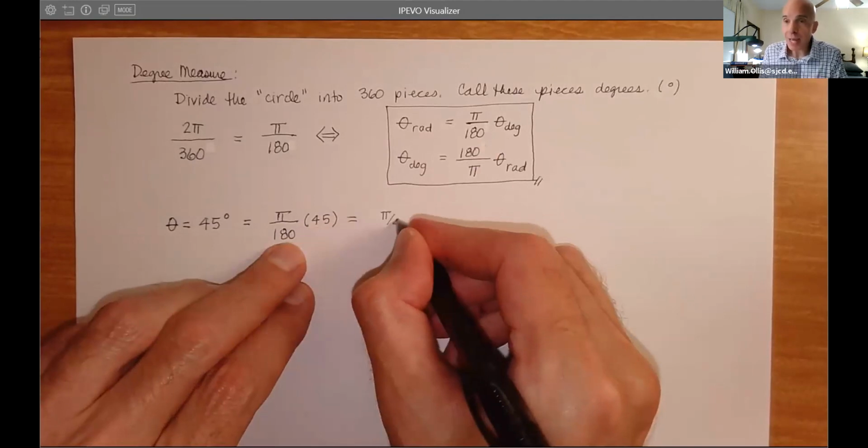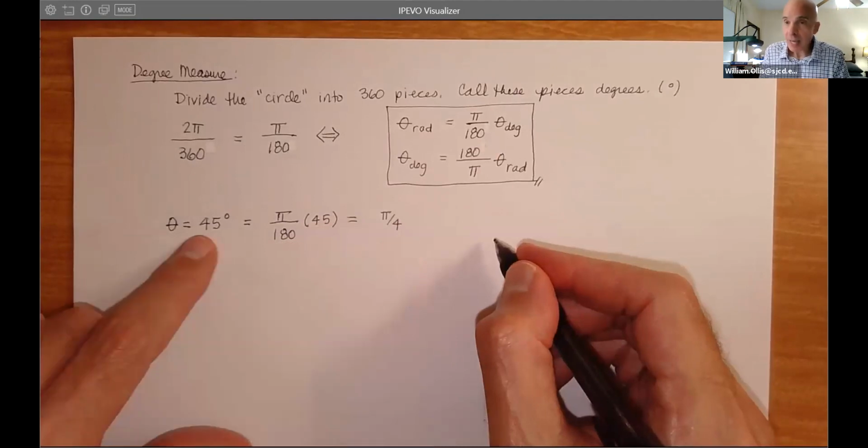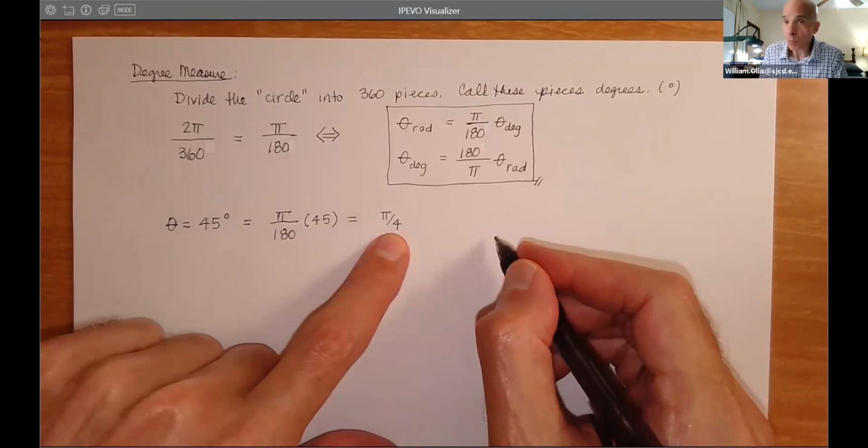So if you needed to do a calculation with arc length or sector area, and the angle was 45 degrees, you would have to convert it to pi over 4 radians.